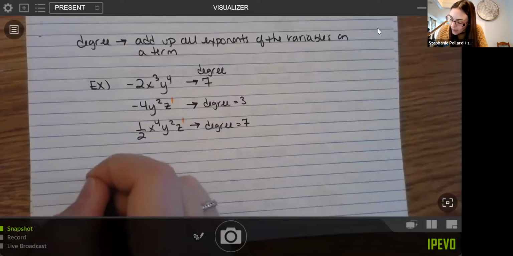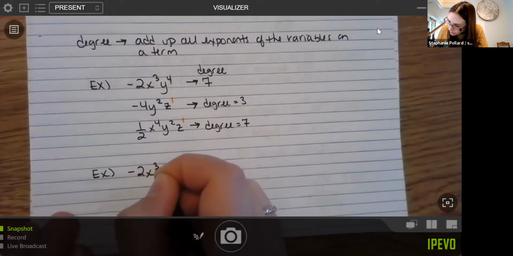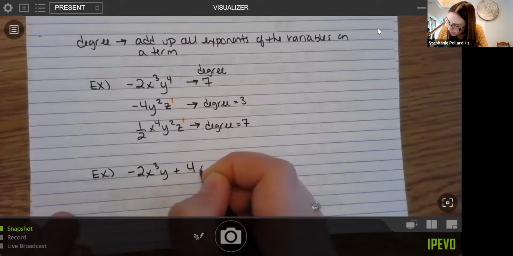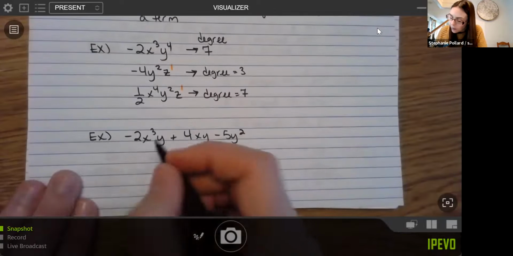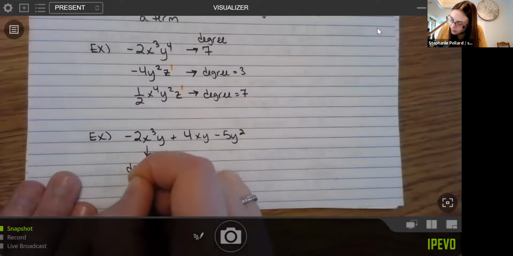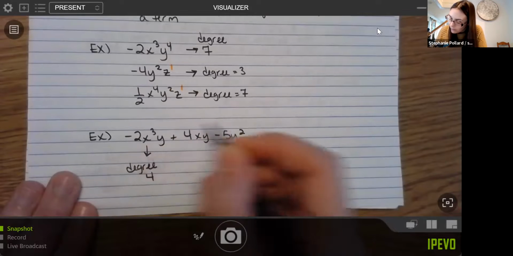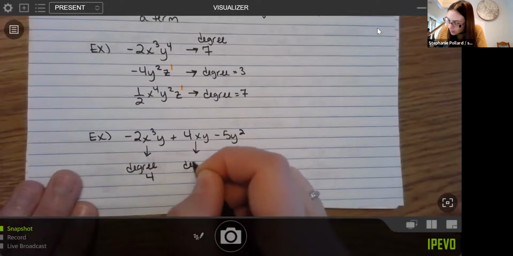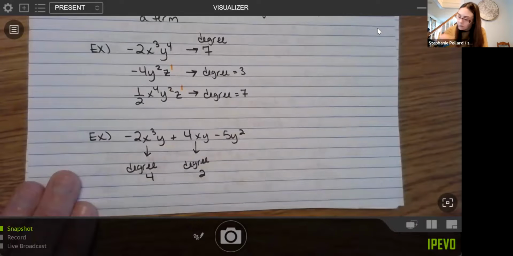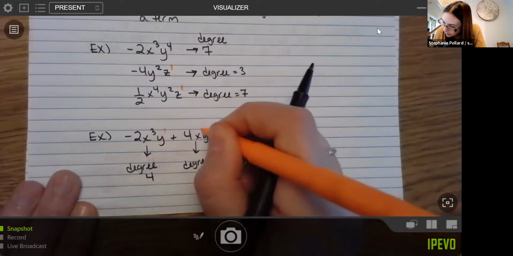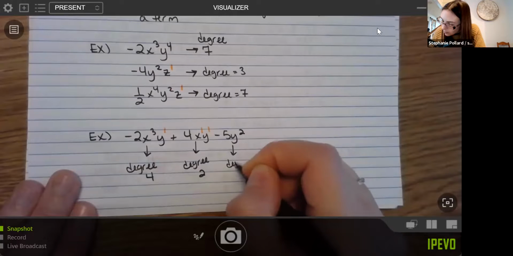And then if you want a more complicated example, I'll do one of the ones I posted above. We still follow the same rule as before. You find the degree of each piece. So the degree here is 4, right? 3 plus 1. The degree here would be 2, 1 plus 1. And the degree here is also 2.